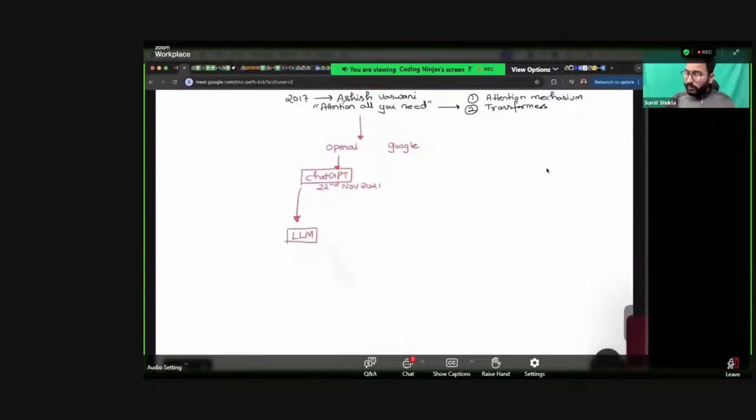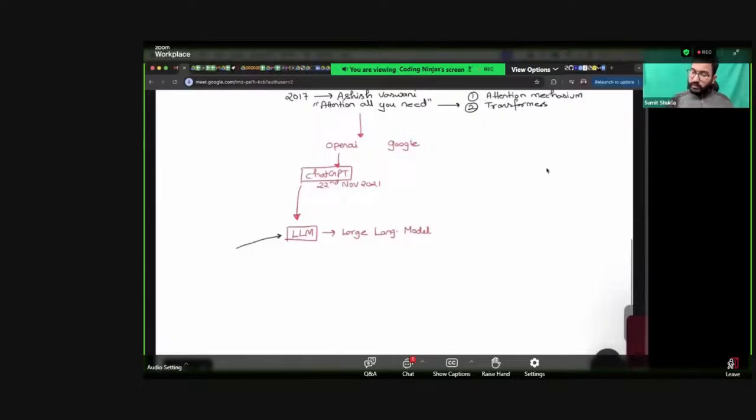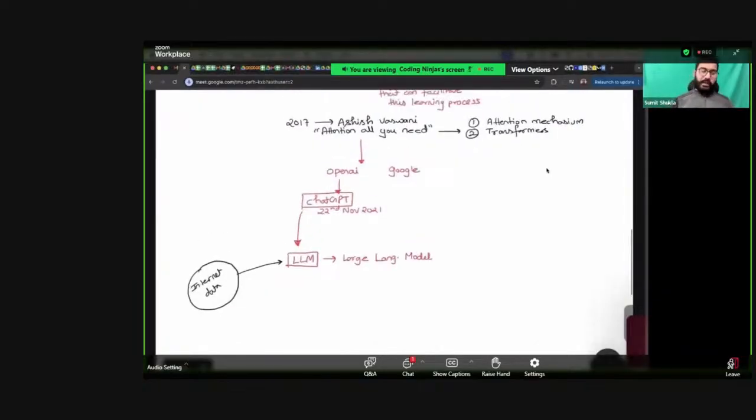LLM stands for large language model. And large language models are those chat models which are basically trained on huge amounts of internet data. And how have they been trained? With the mechanism that was proposed by Ashish Vaswani.